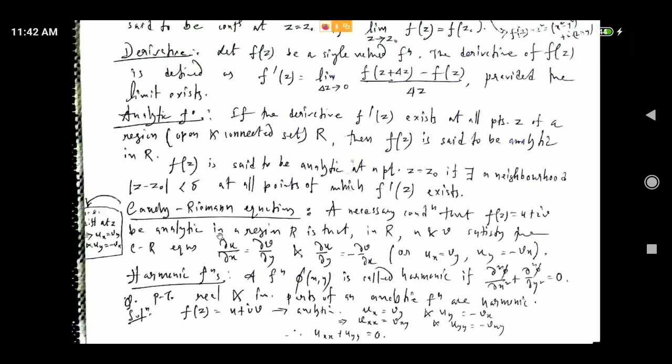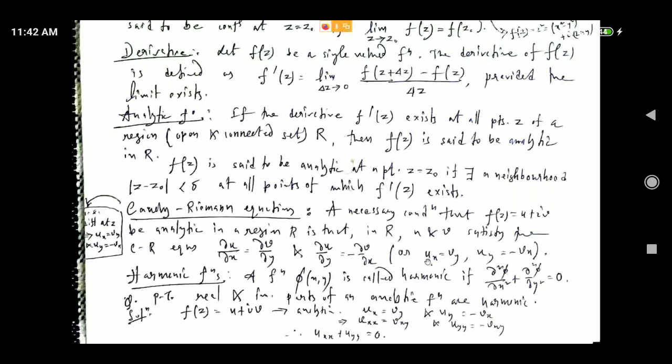The Cauchy-Riemann equations are: del u del x equals del v del y, and del u del y, the partial derivative of u with respect to y, equals minus the partial derivative of v with respect to x. In short, u x, the partial derivative of u with respect to x, equals the partial derivative of v with respect to y, and the partial derivative of u with respect to y equals minus the partial derivative of v with respect to x.